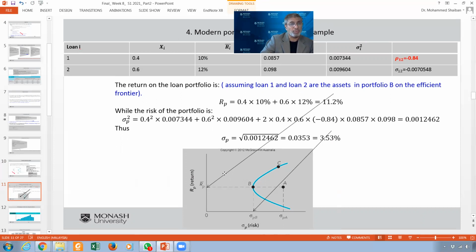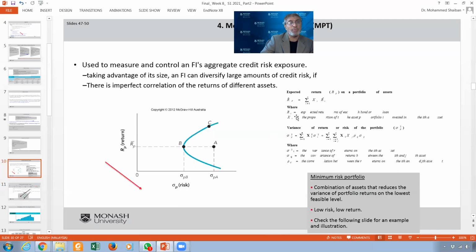Now we are talking about the portfolio risk. Risk, this is the formula, which you can find here. So you have to calculate all the variances, and then you have to multiply the variances by each other with the correlation between them.